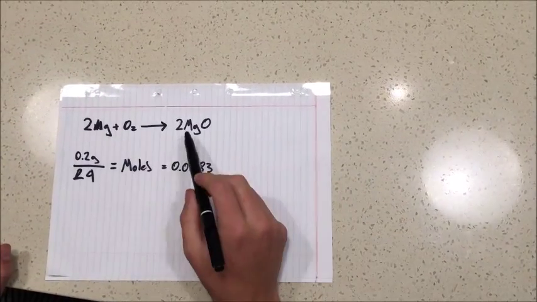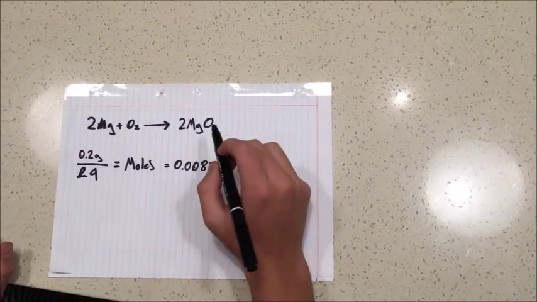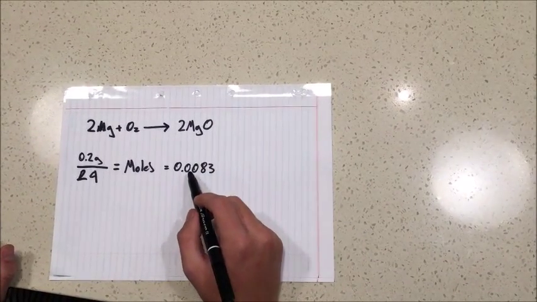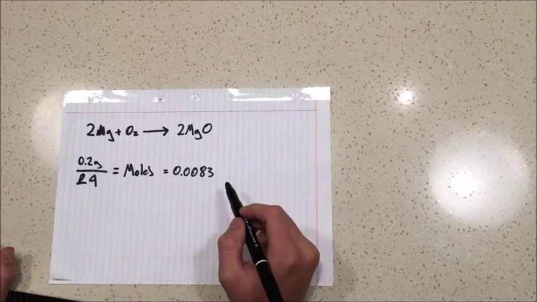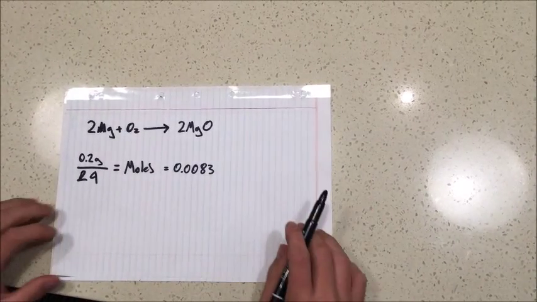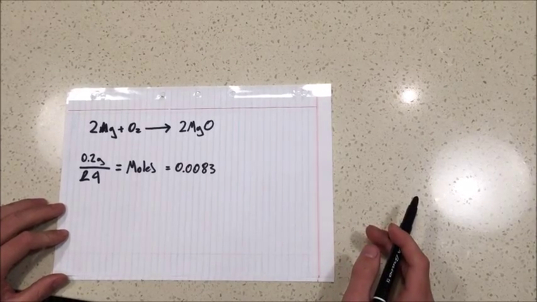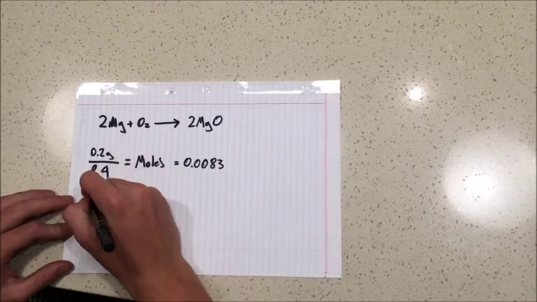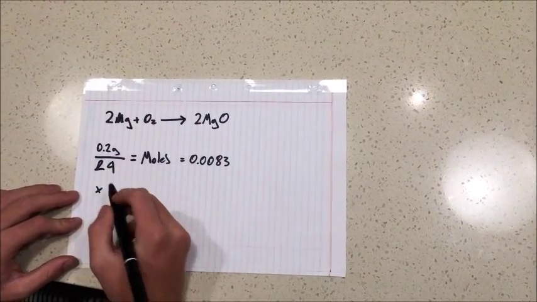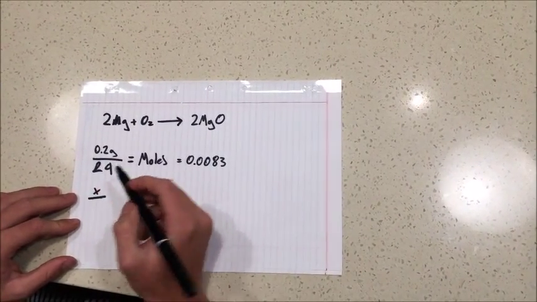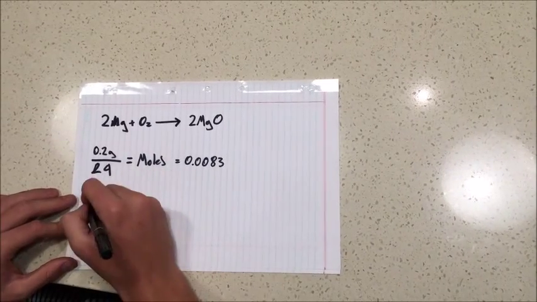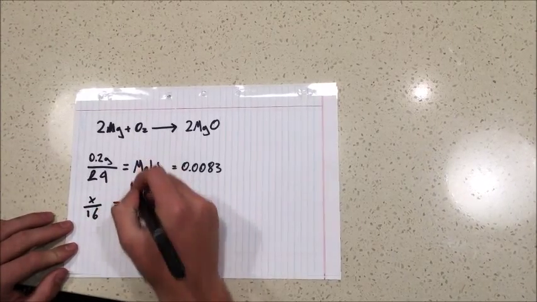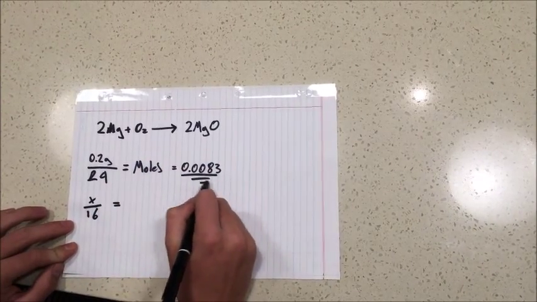We know that this equation is balanced, so that would mean that oxygen is also 0.0083 moles. We can rearrange the equation in terms of the oxygen, so that would be X, the number of grams in the equation, divided by the atomic mass of oxygen, which is 16, will give you the number of moles of oxygen, which you already know, which is this number here.